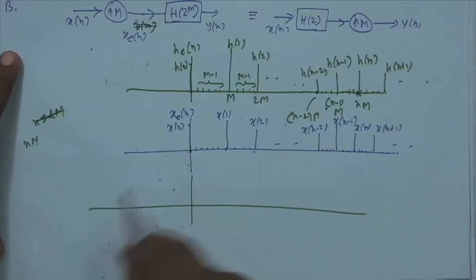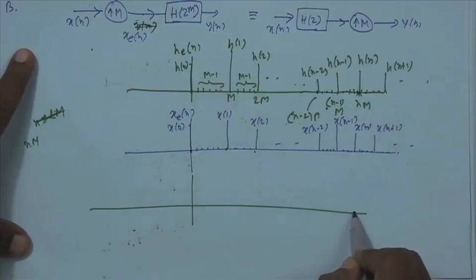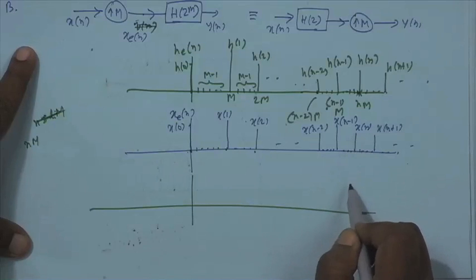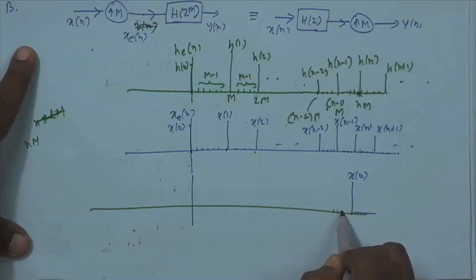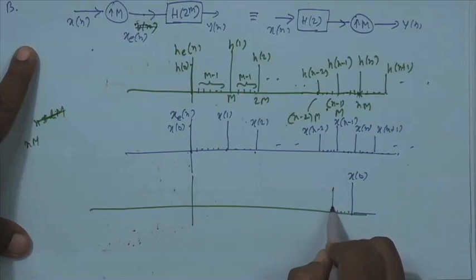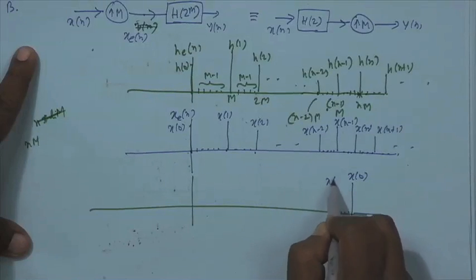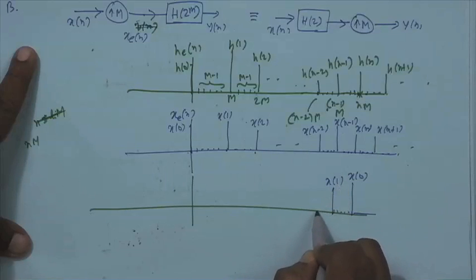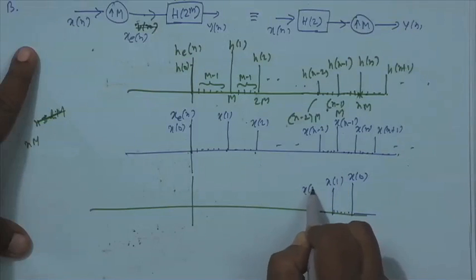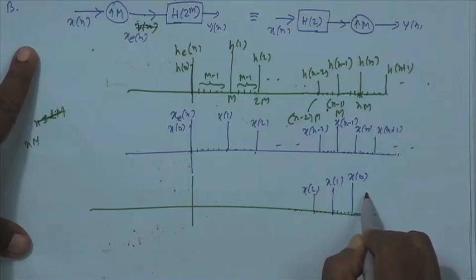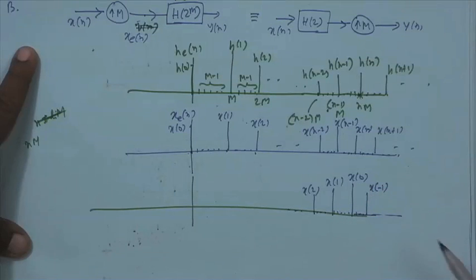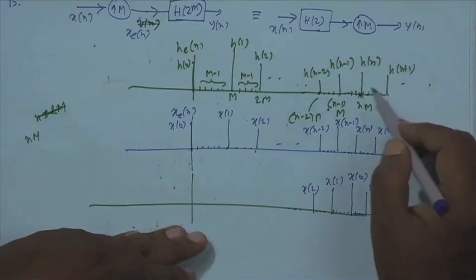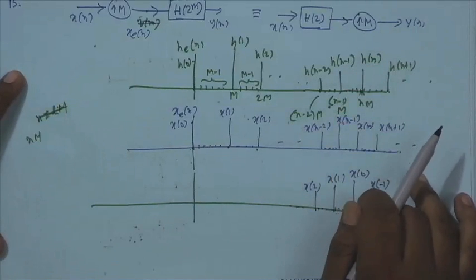If I flip it and then shift it by n m, x 0 will come here, then zeros will come, followed by, because I have flipped, x 1, then zeros will come, then x 2, and here we will have x minus 1. If you now multiply samples of this and this, what will you get?